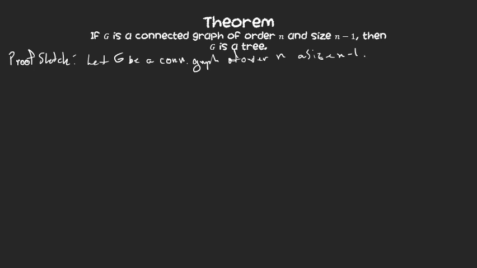And assume, so we're going by contradiction, but I don't want to assume it's not a tree. I want to say that a little bit clearer. So remember, connected and no cycles implies that it's a tree. And so if I can just manage to show it has no cycles, then I'll be good. And so I'm going to assume it does have a cycle.